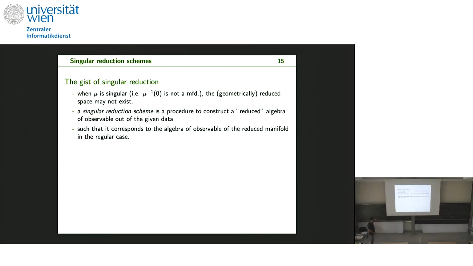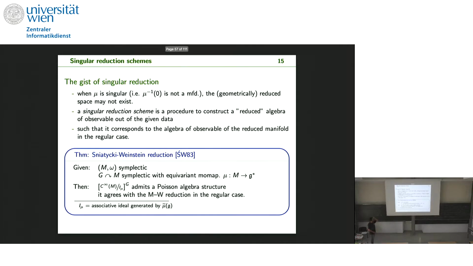So an example of singular reduction in the symplectic case is given by the so-called Sjamaar-Lerman (Tiske-Weinstein) reduction. It is a construction that runs like this. The data are a symplectic manifold M and an action on M with an equivariant moment map mu.